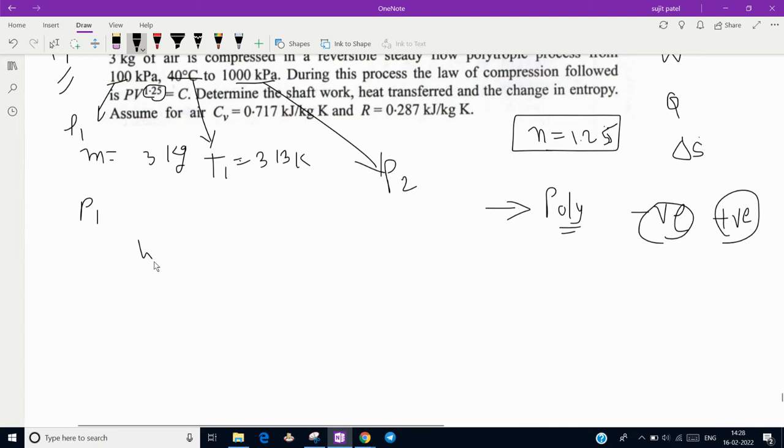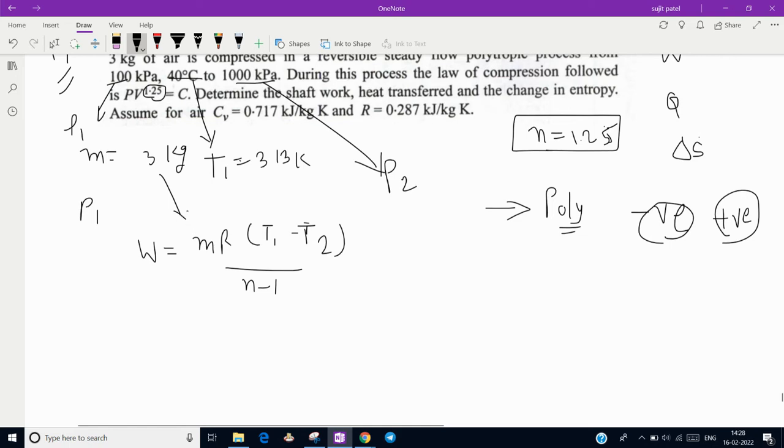For work done, we know the formula is actually (p1 v1 minus p2 v2) divided by n minus 1. But p1 v1 can be written as mRT, so mR is common and T1 minus T2 remains.